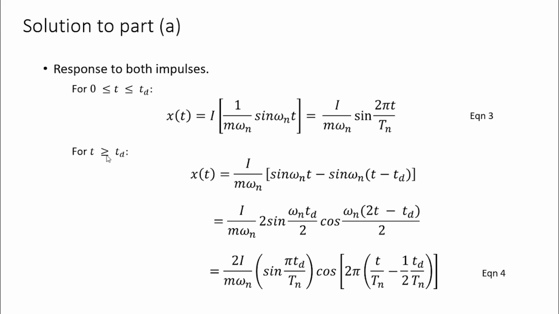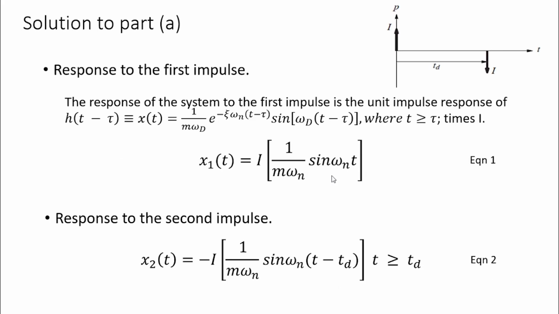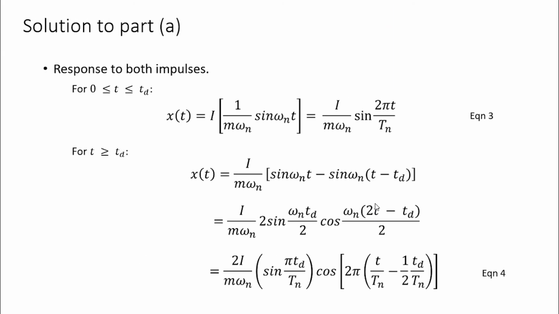And when time is greater than td, the total response will be x1 plus x2. So we can add this sine omega n t, then we can add this x2, that is minus sine omega n (t minus td) term. So this is the total response when t is greater than td. We can simplify this equation and reduce it to this expression.